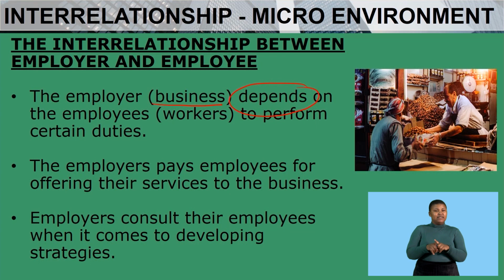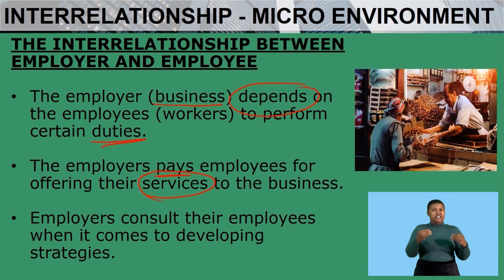They are very important because the employer needs the employees to do the work for them to deliver a product or a service. So our first bullet here states that the business or the employer depends on the employees to perform certain duties, to do their job. And in return, of course, the employer pays the employees for offering their services to the business.